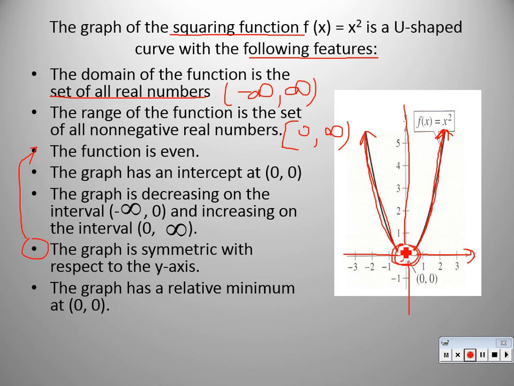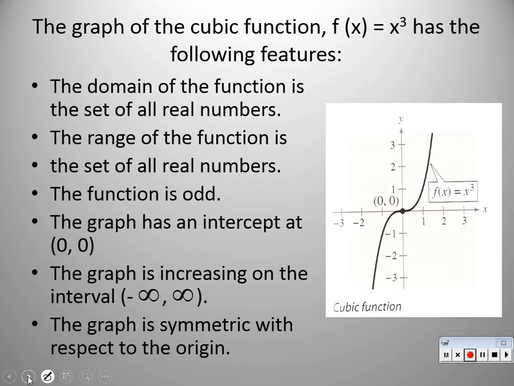So this is the point where the graph changes from decreasing to increasing, right here. So remember, that's what a relative minimum represents there. So that is the squaring function. So anytime you have a function whose degree is 2, x squared, you're going to get some type of U-type shape to those kind of functions there. So that's one type of curve that we're going to look at.